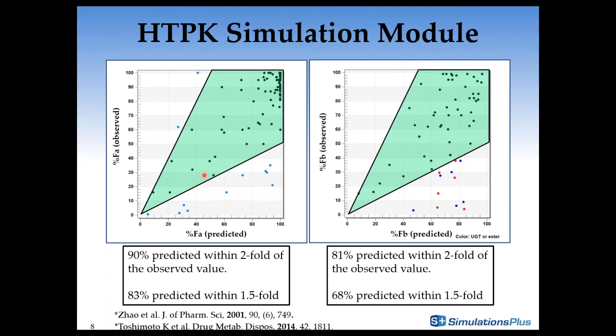Now, this is a much more difficult task, obviously, than predicting a property like logP or solubility. So we judge performance by the percentage of the compounds that are within either twofold or 1.5-fold of the experimental value. And these predictions are actually quite good, given the complexity of what we're trying to model. And you can often do better by using any experimental data that you might have.